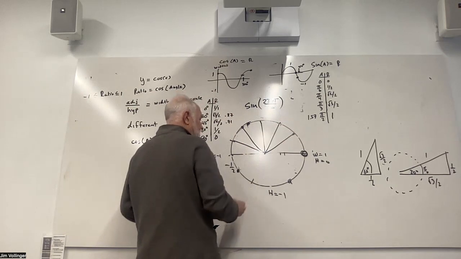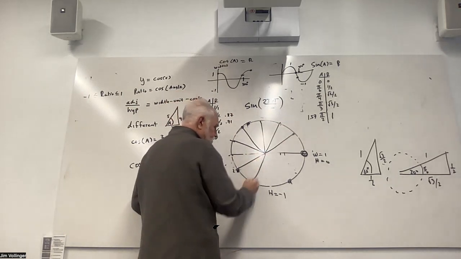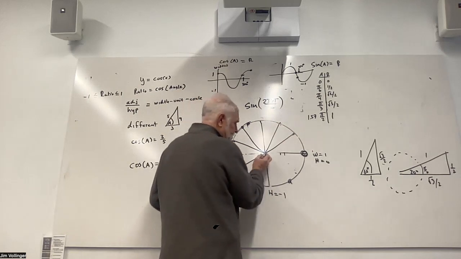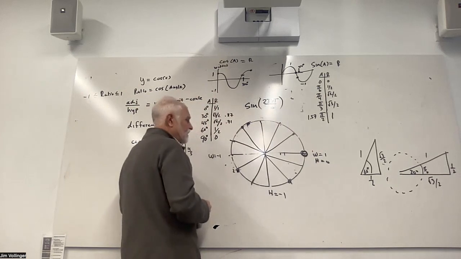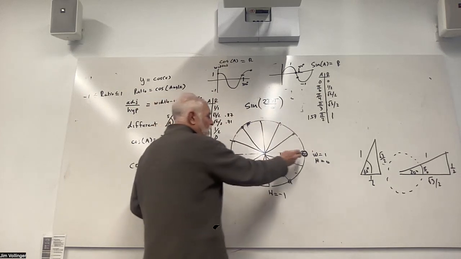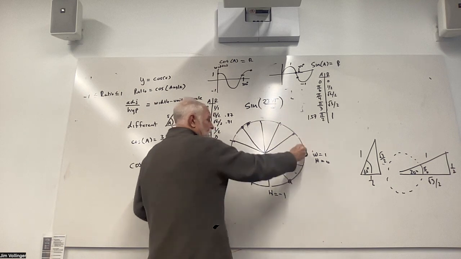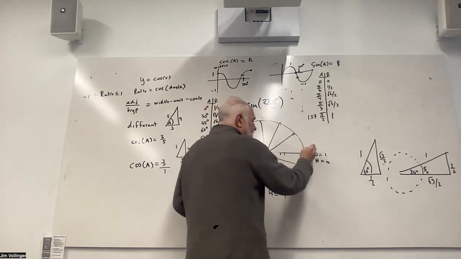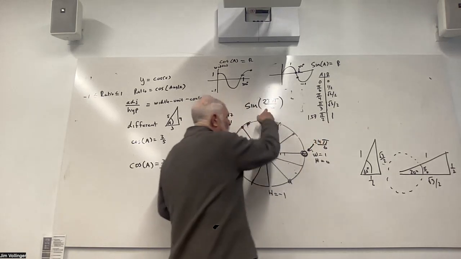That's 6, which means there's 12 all together. Wow, there's 12 pieces in the unit circle, which means that going around once is 12 pi/6, twice is 24 pi/6. So right there is 24 pi/6, and I want 23.